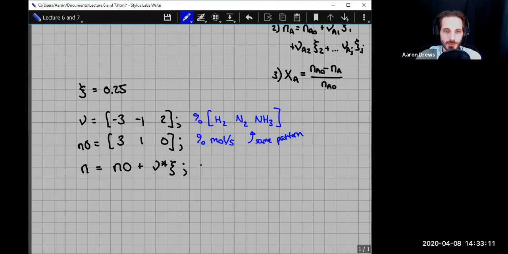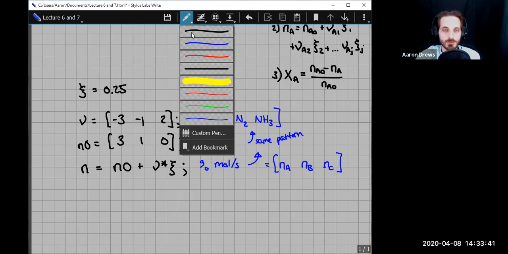This is now moles per second, but it's the outlet molar flow rate of everything, right? It's coming out as a vector, and it's coming out in the same pattern that we had up here. So we would expect n to be n sub a, n sub b, and n sub c. Right? We get all three of those all at once, and we don't have to really do any algebra, right? I didn't have to do too much there to calculate that.